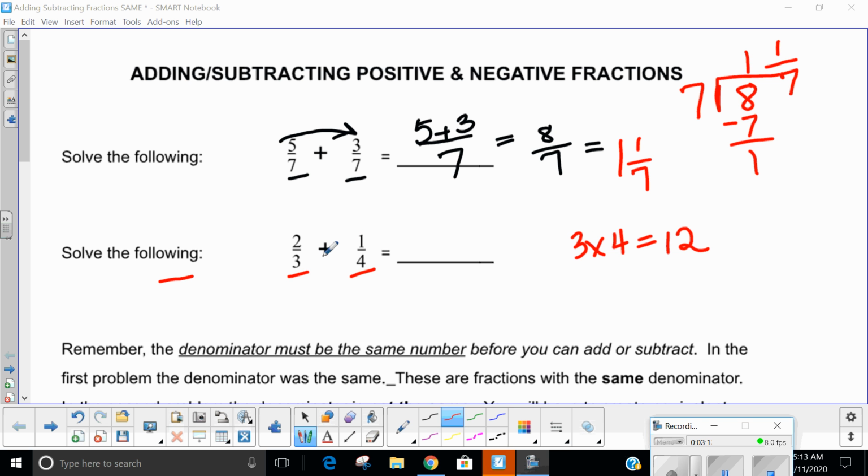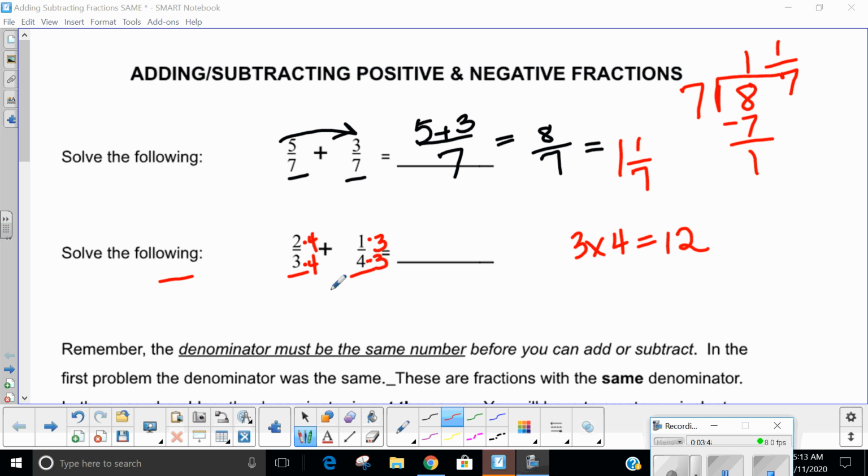So if we come over here, we have to create equivalent fractions. So we're going to say 3 times 4 is going to give me 12. And we're going to say 4 times 3 is going to give me 12. But remember, what I do to the bottom, I've got to do to the top. So if I multiply this by 4, then I have to multiply this by 4. And then if I'm changing this to 4 times 3, then I have to multiply the top by 3.